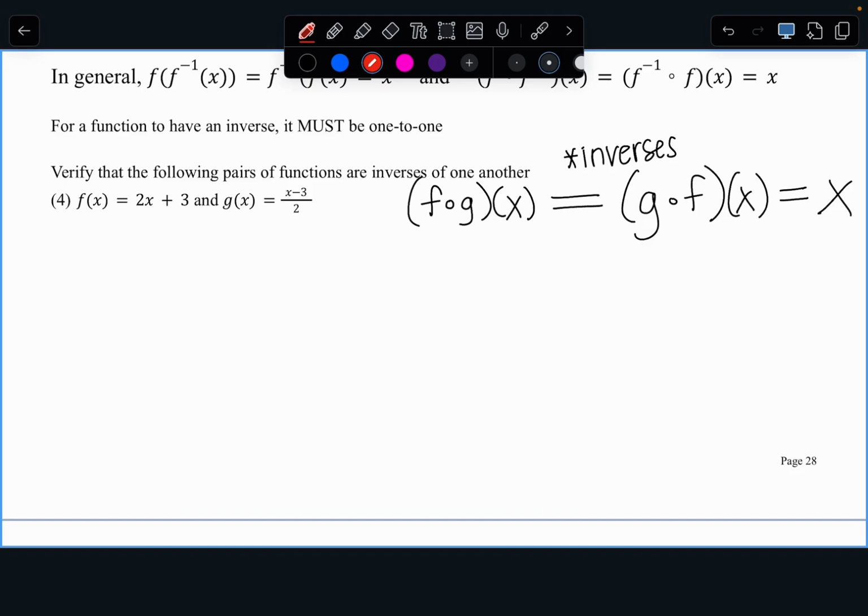So what we just talked about was taking the function f, which is 2x plus 3, 2 stuff plus 3, and inside there, plugging in x minus 3 over 2.